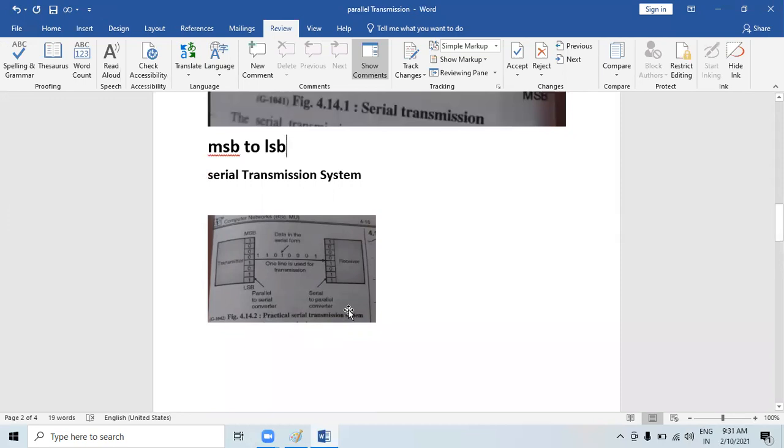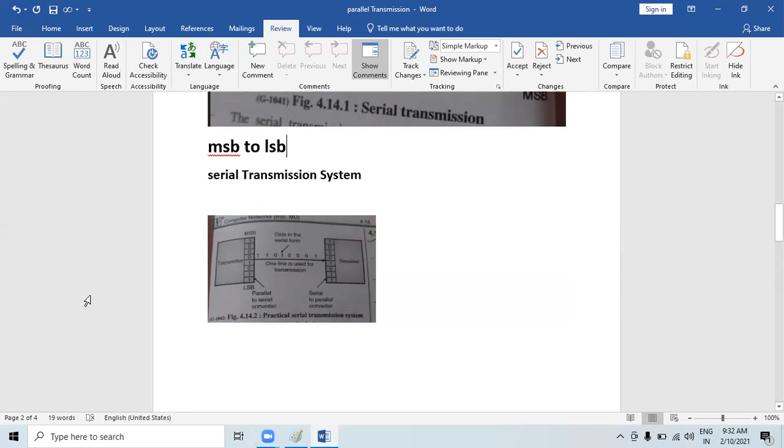Since the communication within the computer is parallel, it is necessary to convert parallel data into serial at the transmitter. At the receiver, the serial to parallel conversion is required to be performed.